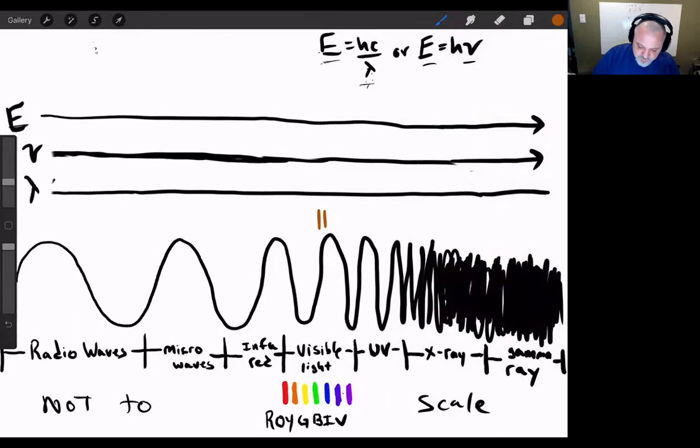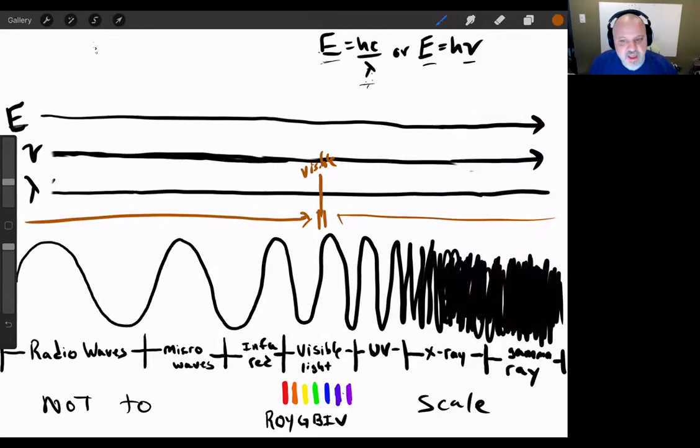This would be visible light. The vast majority of radio waves that you interact with, you cannot see. Your eyes are not attuned to them.